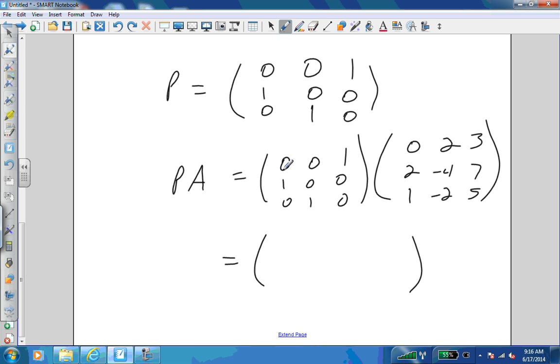If you want to multiply that out real quickly, you can do this times the first column, and that gives you a 1. This times the second column, this times the third column. Notice that puts your third row on top. And multiply the second row, that puts your first row here, and then your second row will be here.